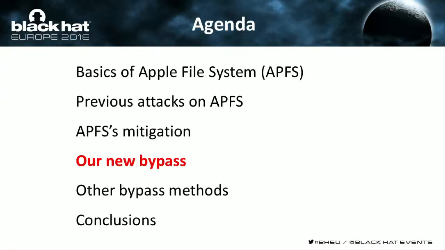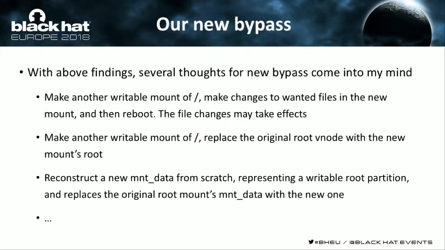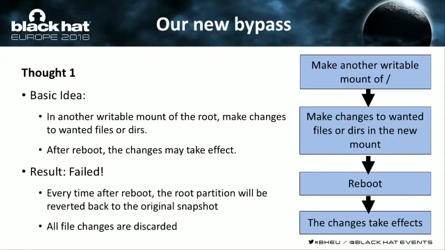So what we can do now, as I have said, when there is a mitigation, there will always be a new bypass. When I discovered the truth, several thoughts for new bypass came into my mind, which have been listed here. I will explain them in detail. The first thought is that maybe we can make another writable mount of the root partition and make changes to the wanted files in this new mount and then reboot.